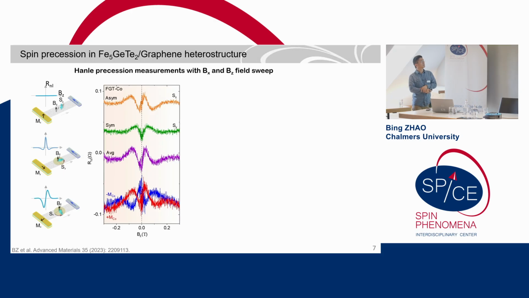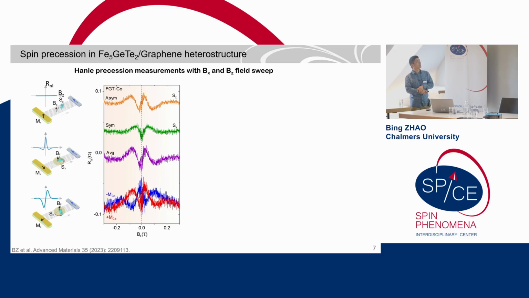You apply an out-of-plane B field, and the spins will precess across the channel. If the moment is parallel to the field, there is no precession, basically a flat line. If the moment is in-plane, along the copper direction or across, you will see a symmetric curve. Otherwise, if it is antisymmetric, like the MX field, you will see the antisymmetric curve.